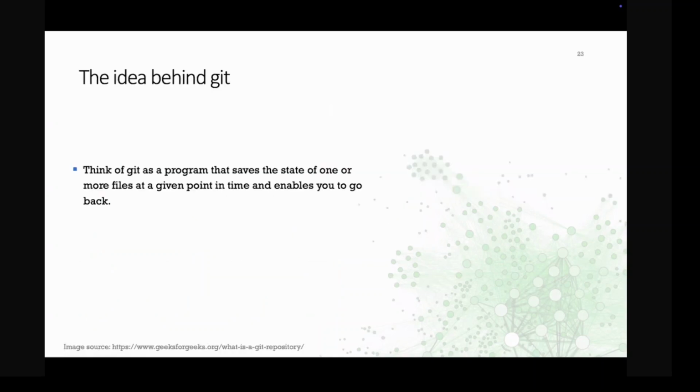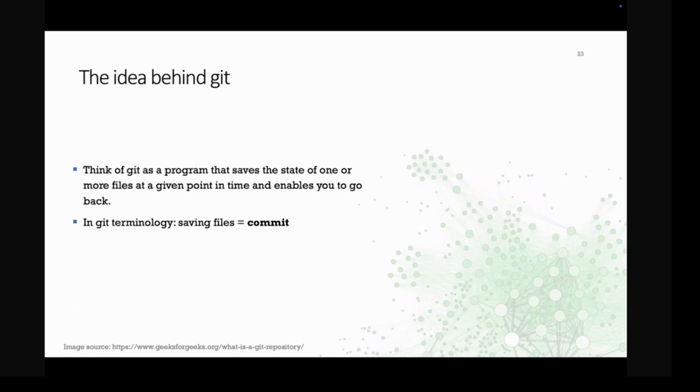Okay, so what is the idea behind Git? Think of Git as a program that saves the state of one or more files at a given point in time and enables you to go back. So you have a file, or multiple files, and you work on them, and you say, well, now I have reached a milestone. I want to freeze that as it is, and then keep going.